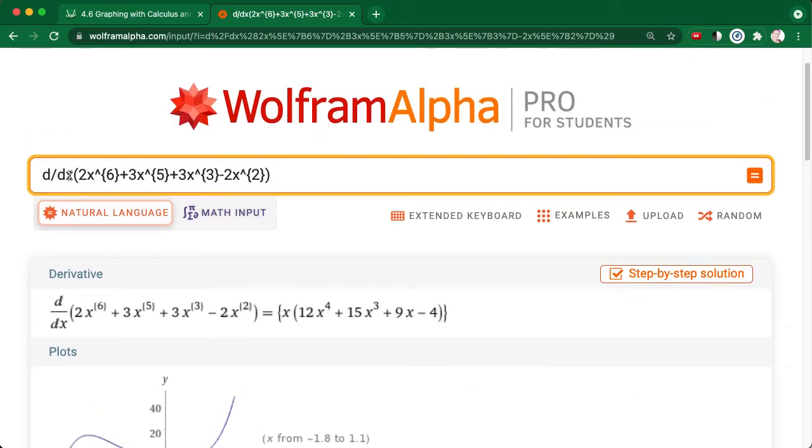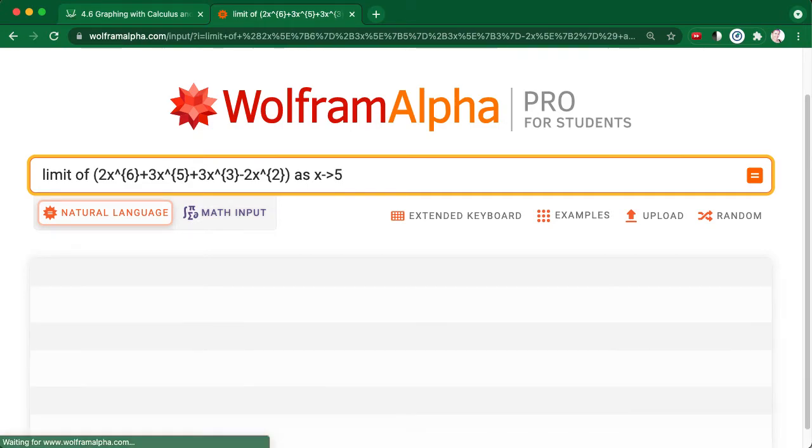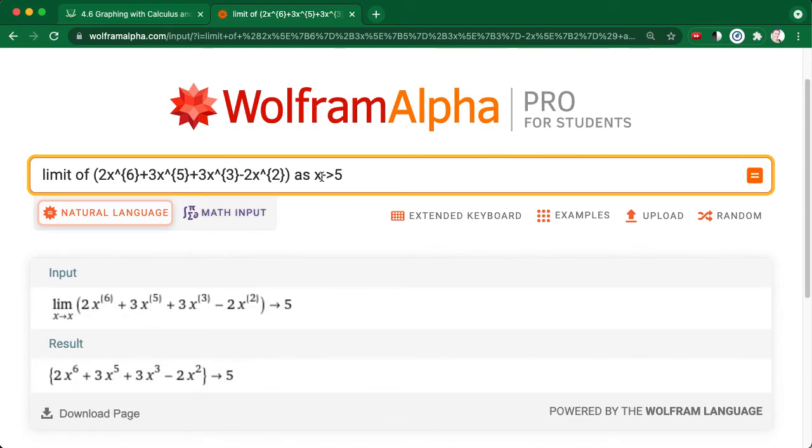I can also use it to calculate limits. So I can ask for the limit of this as x goes to 5. In this case, I just used this dash greater than as a shorthand for an arrow. It happened to work.